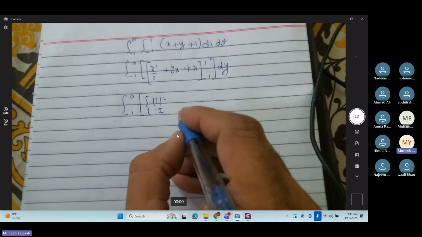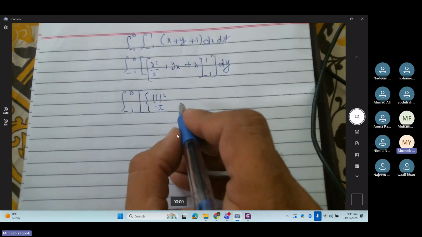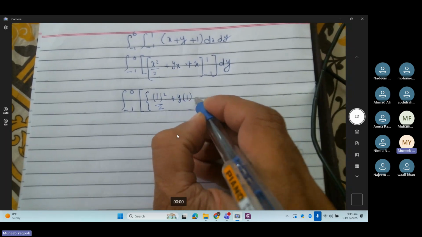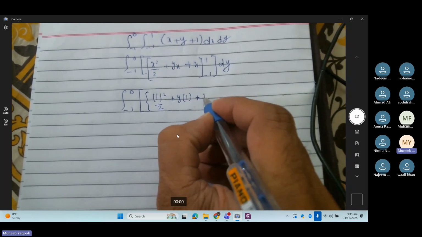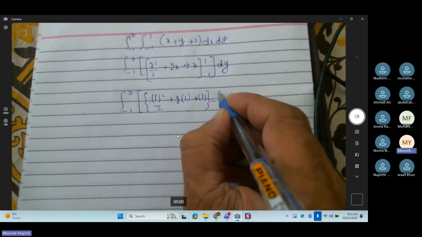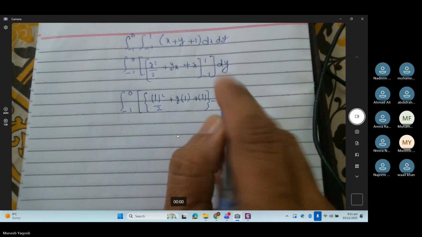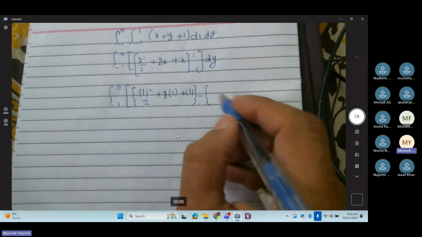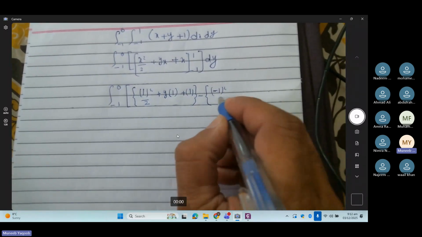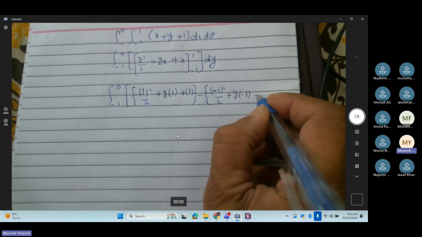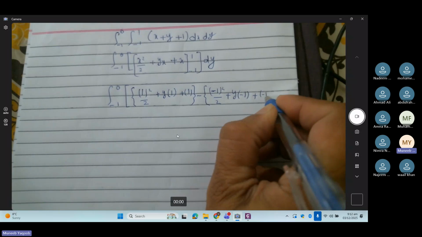Now you can see I'm applying the limits in x, not in y, plus y into 1 plus 1, because we integrated with respect to x, so the limit will be applied to the x variables. Minus, now the lower limit is -1, so in place of x we will write (-1) whole square upon 2 plus y times -1 plus -1.